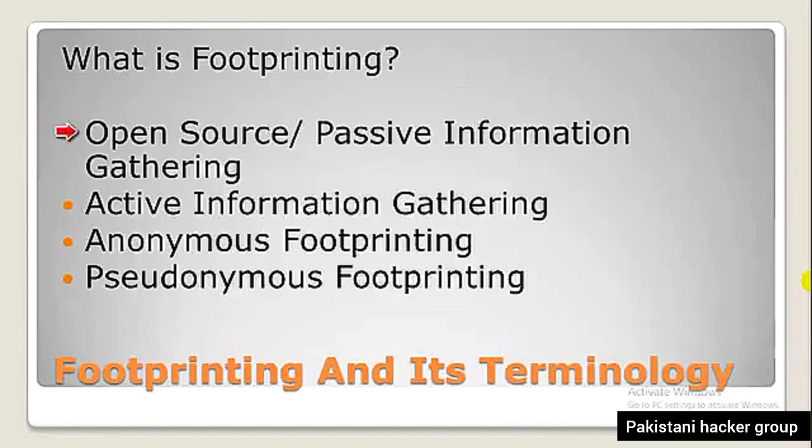So open source or passive information gathering, that is the first one. Open source or passive information gathering, PIG, that's what I call. It is the easiest way to collect information about the target organization. It refers to the process of gathering information from open sources or publicly available sources such as newspapers, television, social networking sites like Facebook, Twitter, Orkut, or blogs.